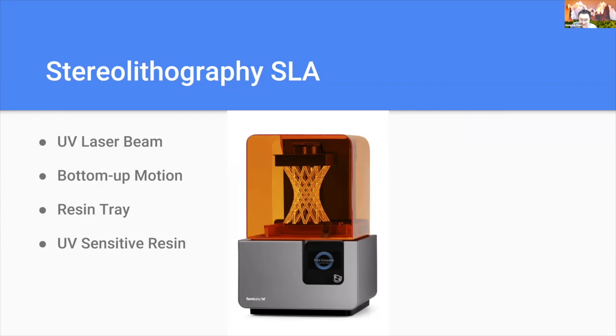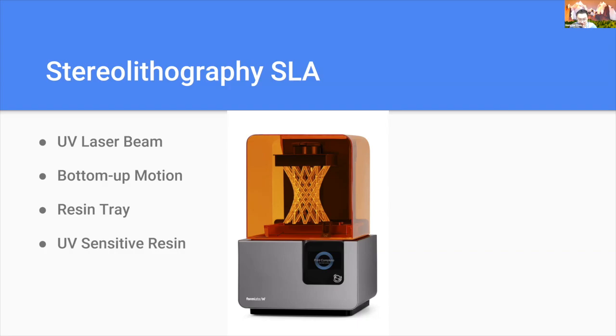It leaves a very, very thin layer of space between the bottom of the resin tray and the top of the build platform, and the laser shines through the transparent resin tray and solidifies some of the resin that's in between.